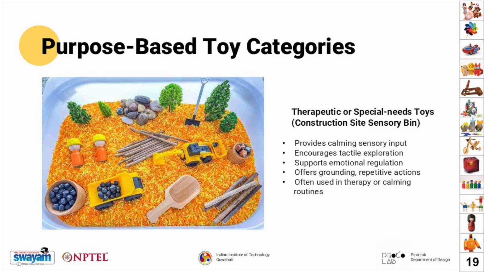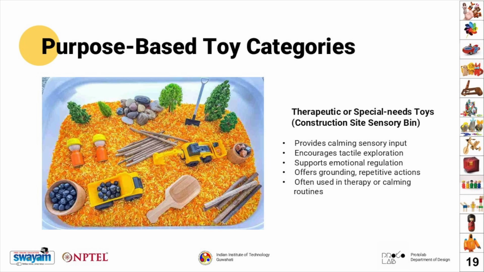The rice, stones, sticks, scoops, and miniature trucks appeal to the senses in predictable, soothing ways. Children pour, dig, feel, empty, and repeat these actions, and repetition is naturally regulating.